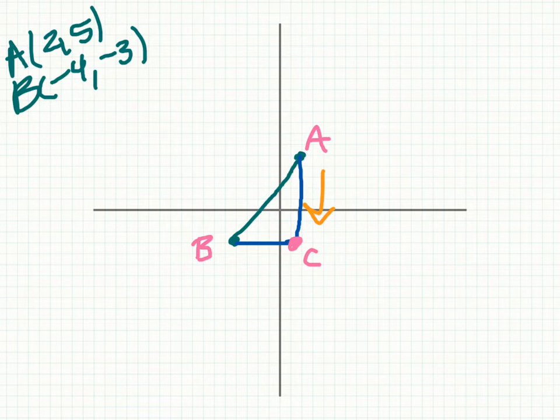When you count, you should have gotten down 8, and then we went over to the left 6.